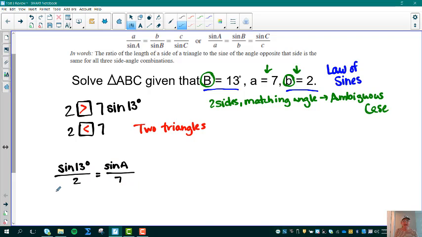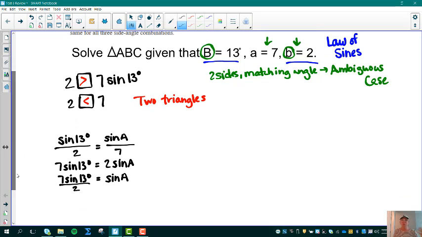We'll cross multiply. 7 times the sine of 13 degrees is equal to 2 times the sine of A. When we divide by 2 on both sides, we get that the sine of A is equal to 7 times the sine of 13 degrees divided by 2. And that's the sine of the angle. We want the actual angle itself.